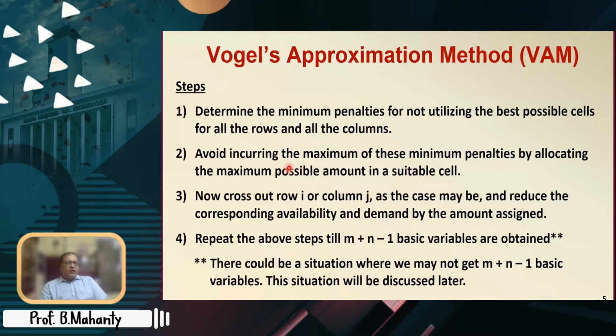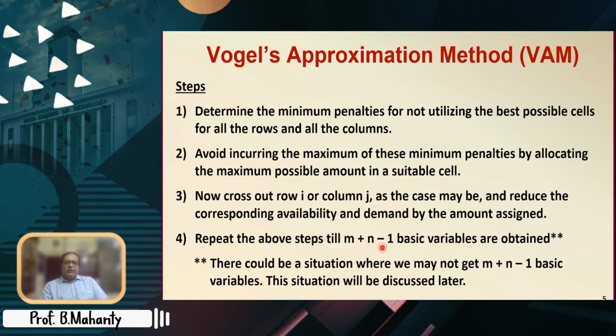Thereafter, obviously, we avoid incurring the maximum of these minimum penalties by allocating the maximum possible amount in a suitable cell. Suitable cell here is nothing but the best possible cell in that row or that column. Now cross out row i and column j as the case may be and reduce the corresponding availability and demand by the amount assigned.